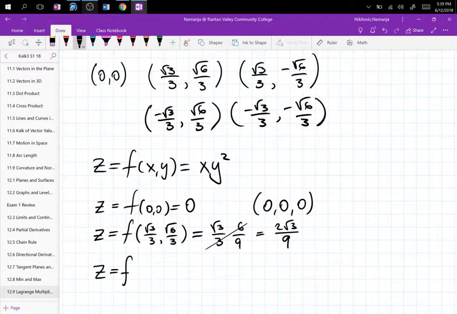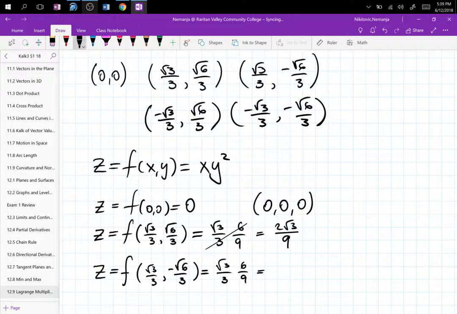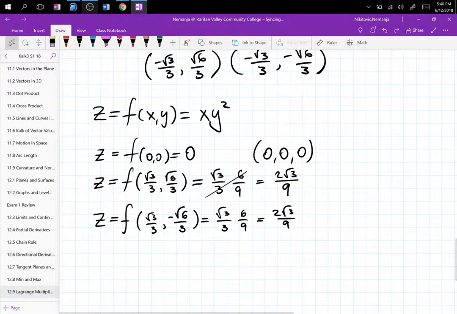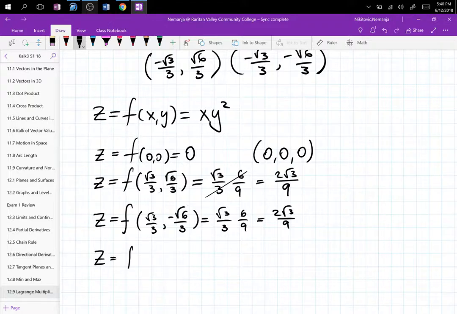Z of f of root 3 over 3, negative root 6 over 3. When I square this value, we get the same. Then z equals f of negative root 3 over 3, root 6 over 3.